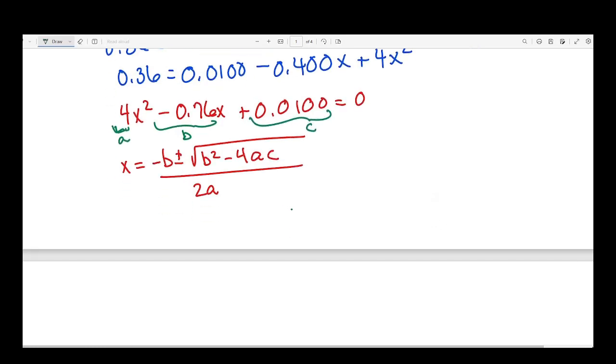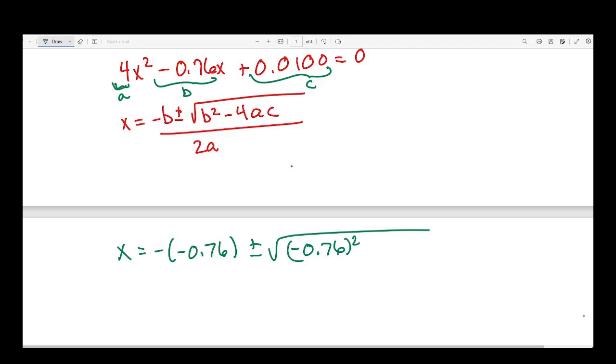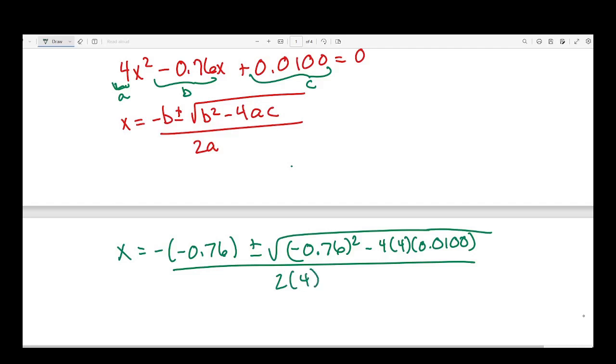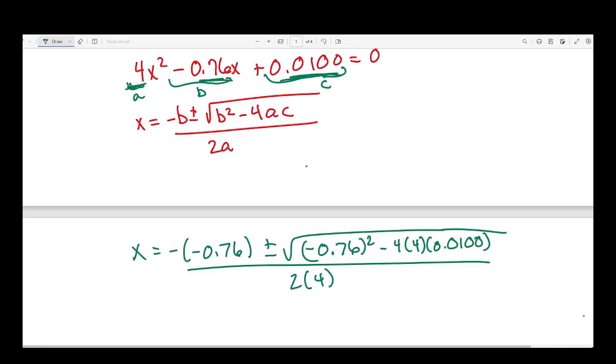So I plug all of that into the quadratic formula, and I get x equals minus negative 0.76, plus or minus the square root of negative 0.76 squared, minus 4 times 4 times c, which is 0.0100, all over 2 times 4. So here is a, here was b, and here was c.